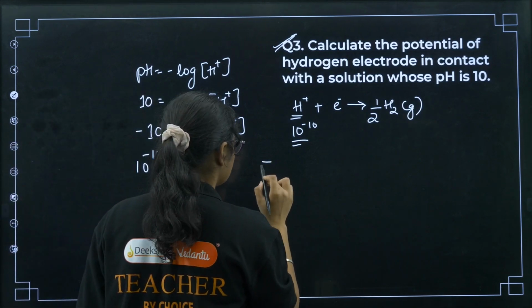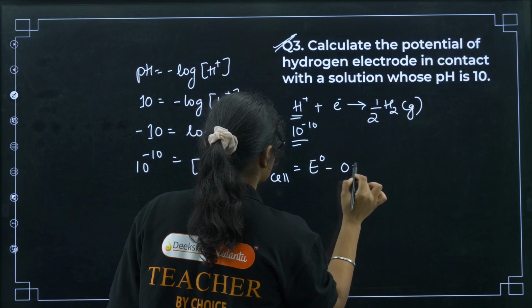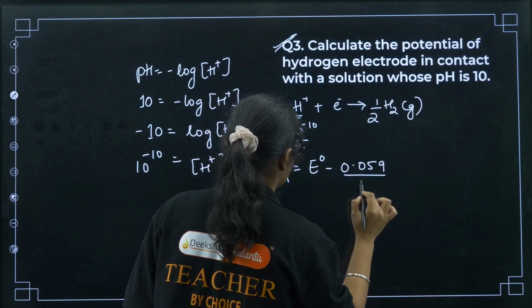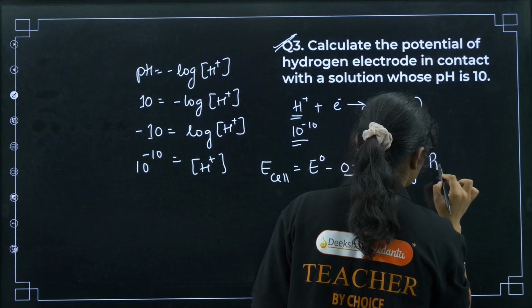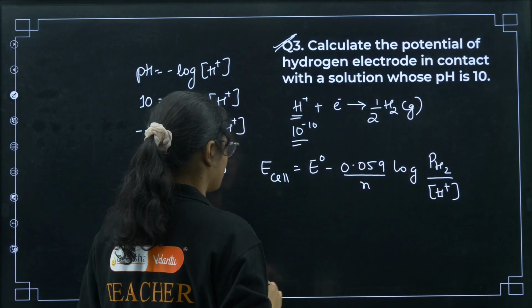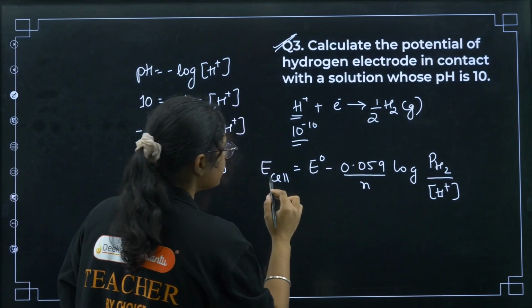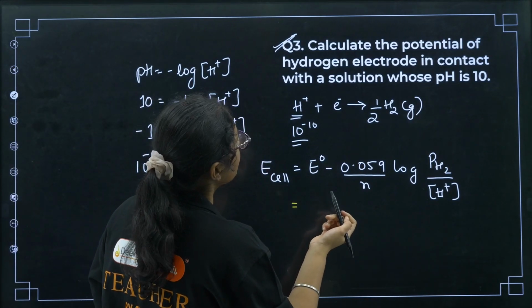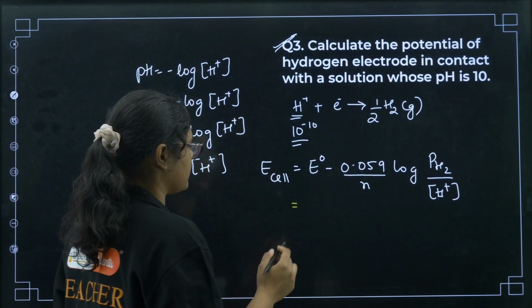Now we know E of the cell will be equal to E0 minus 0.059 by n log of the pressure of H2 divided by the concentration of H+. Now if I substitute the values, I have to calculate E of the cell. Actually it is not the cell, it is the electrode.